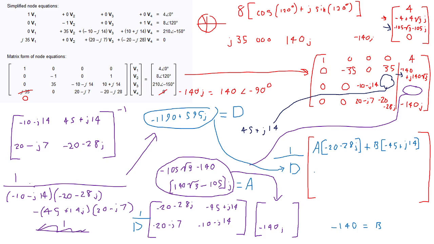And then down here we get A times negative 20 minus J7 plus B times, the other coefficient here is minus 10 minus J14. Whatever these numbers are, V3, V4. At this point, they'll probably be approximates. And then you just hop back up here and back substitute.